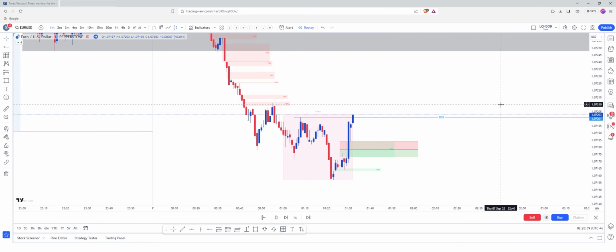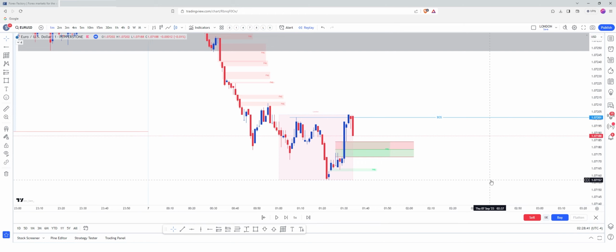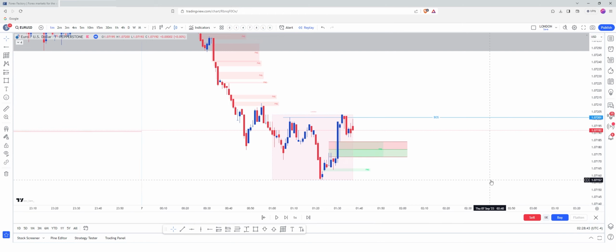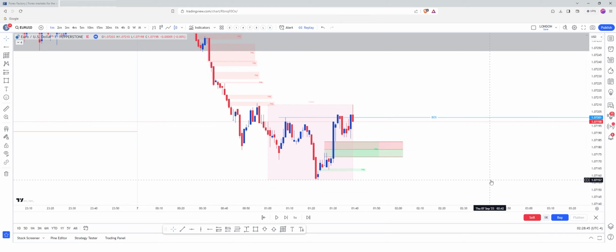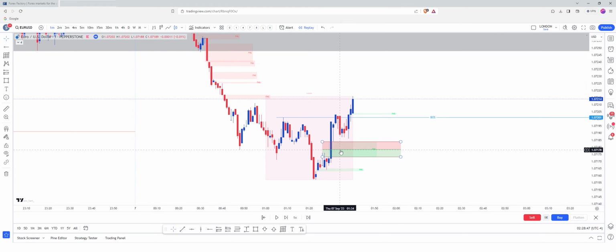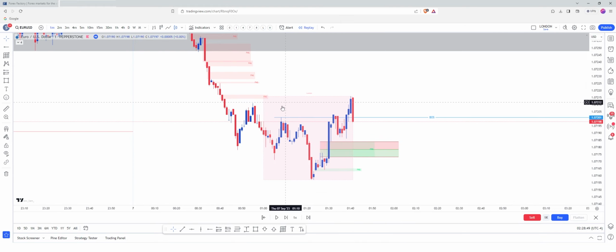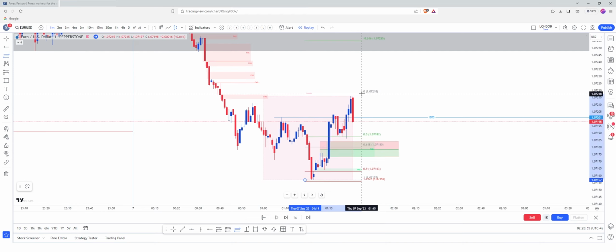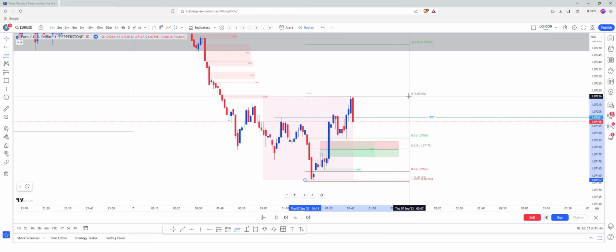And we'll delete the fib for now. So this is where we'll pull in the fib from when we get this big retracement. So we've had our break of structure. We're pulling a fib from the high to the low. So we're aware now that we've got a valid 5-minute OTE entry at this point.